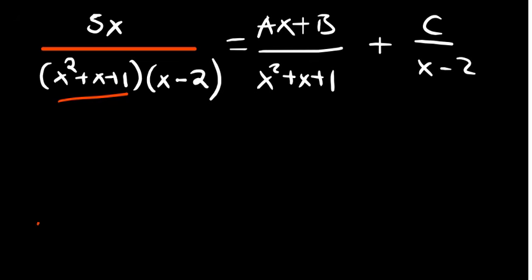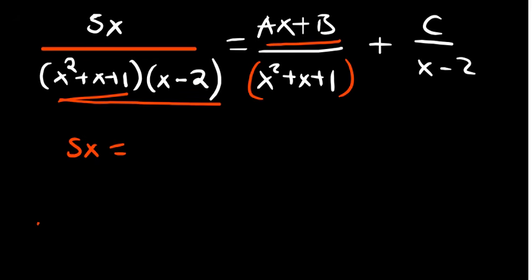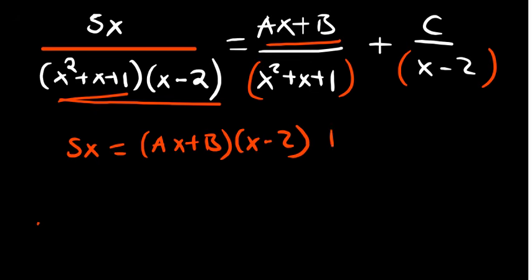So that is one way that you can approach such a question. At this point you can multiply by the denominator throughout, and on your left you're going to have 5x. Then at this part where you have ax plus b, if you multiply by this entire denominator, this part will cancel out and you remain with ax plus b in brackets multiplied by x minus 2. Then that part you remain with c multiplied by the opposite parts.